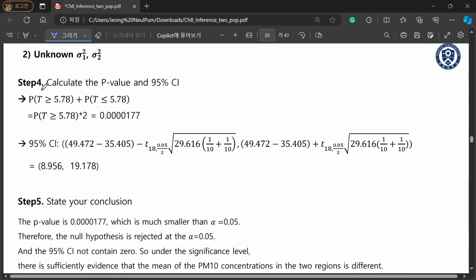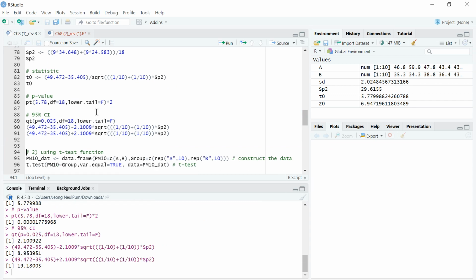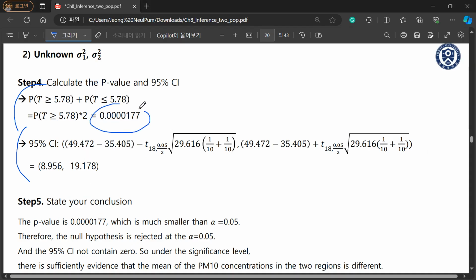And then we have to get the p-value and the 95% confidence interval here, which is the same as this code. If you see the result of the pt function multiplied by 2, as we are dealing with a two-sided test, it is much less than 0.05, which is the significance level here.